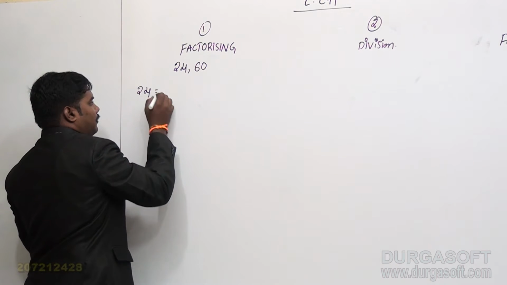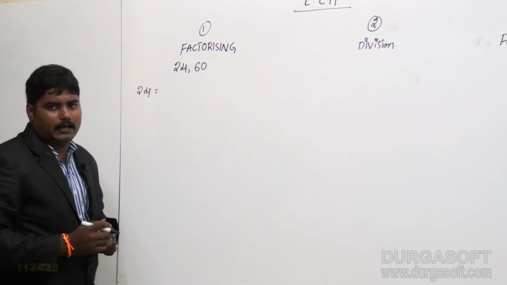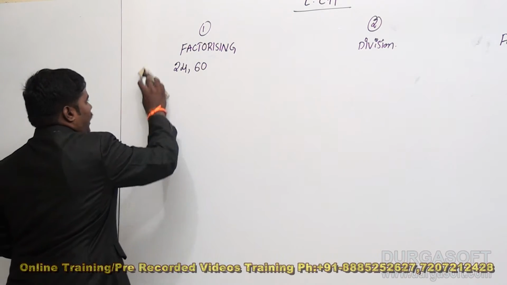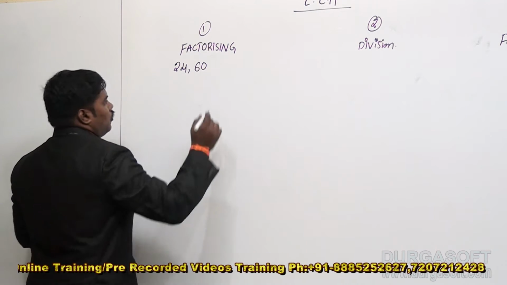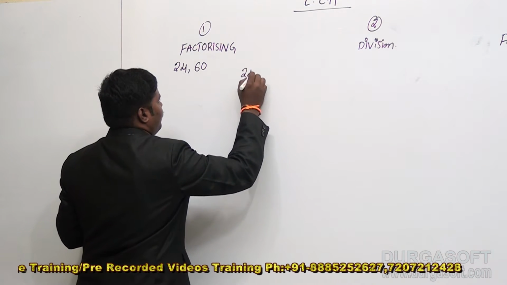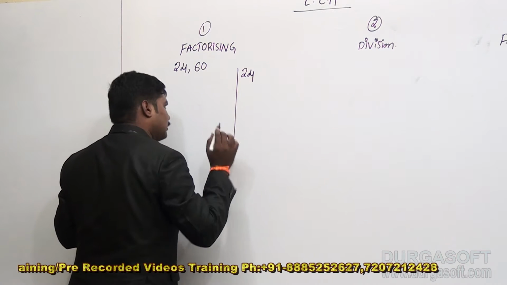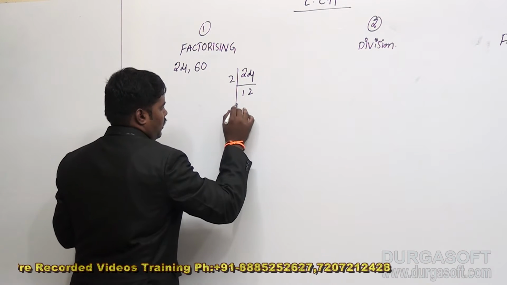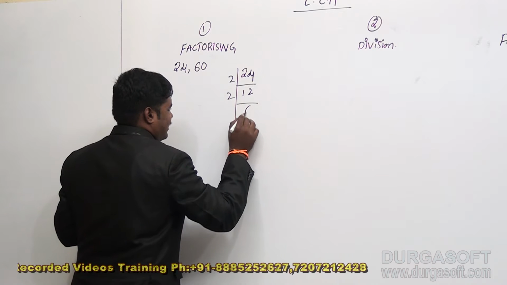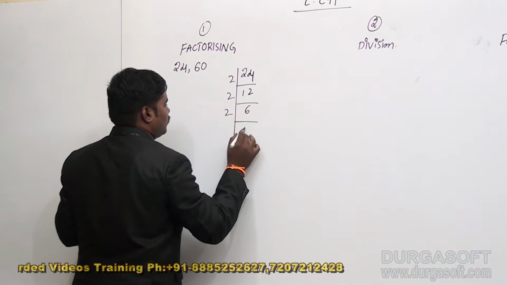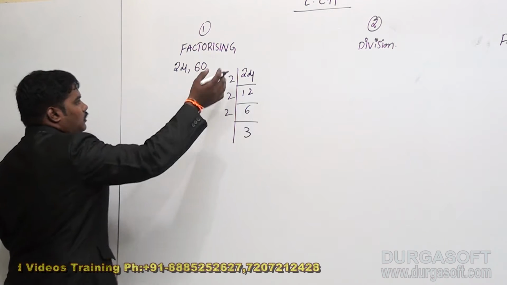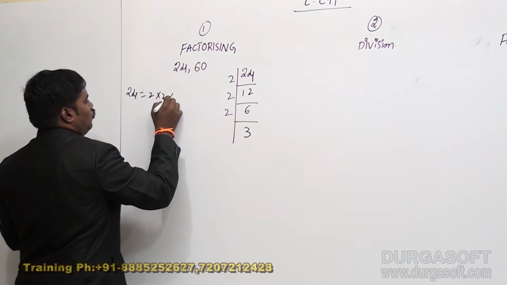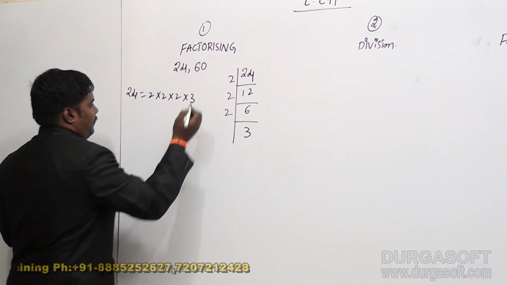In the factorization method, you should write the numbers as factors of primes, using the factor division method. 24: 2 into 12, 2 into 6, 2 into 3, so the factors of 24 are 2 into 2 into 2 into 3.